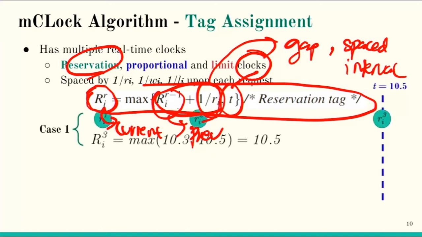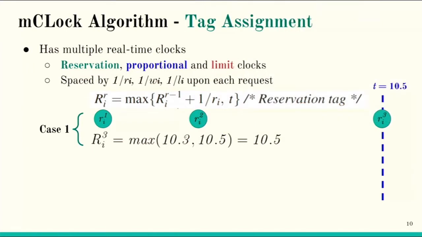Next, this is the first case. We will see how to compute by using this formula. For example, in the first term here, we have the number 10.3, and the current time of the clock is 10.5.